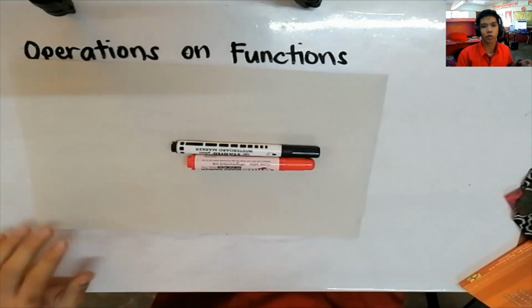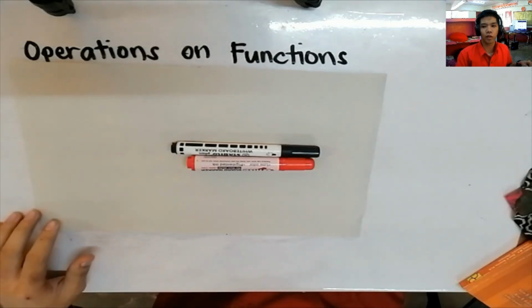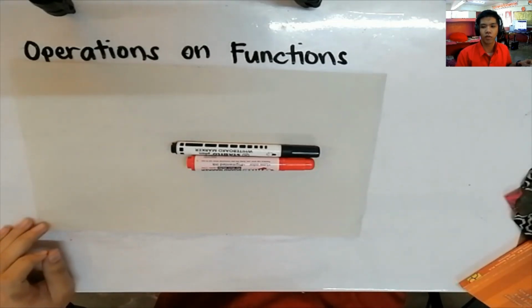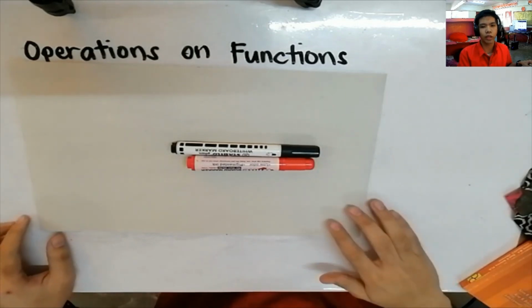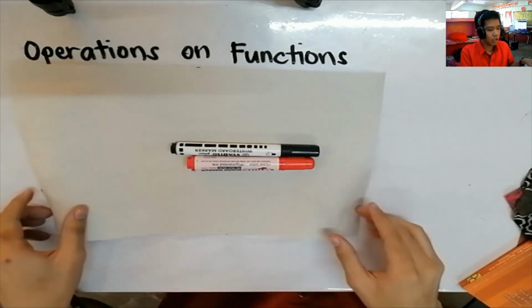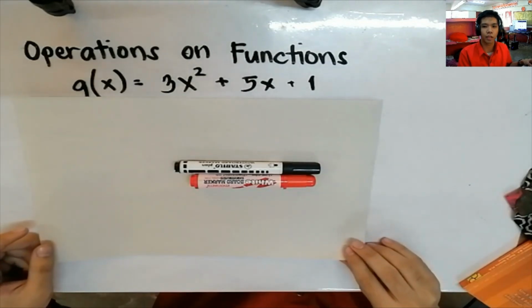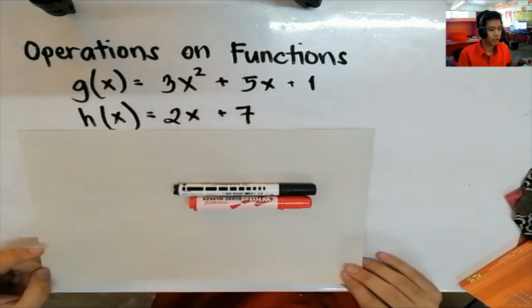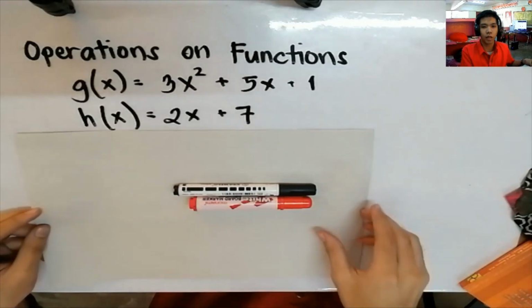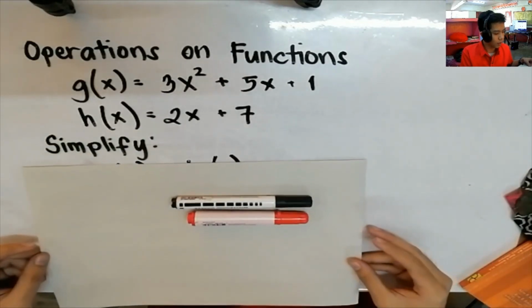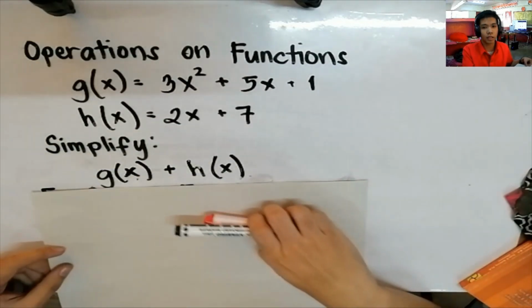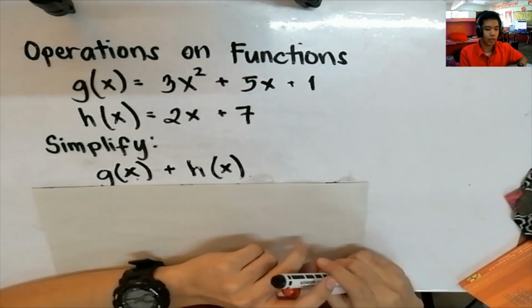I will show you some examples of solving operations on functions. We'll start with addition first. Given g of x equals 3x squared plus 5x plus 1 and h of x equals 2x plus 7, simplify g of x plus h of x.